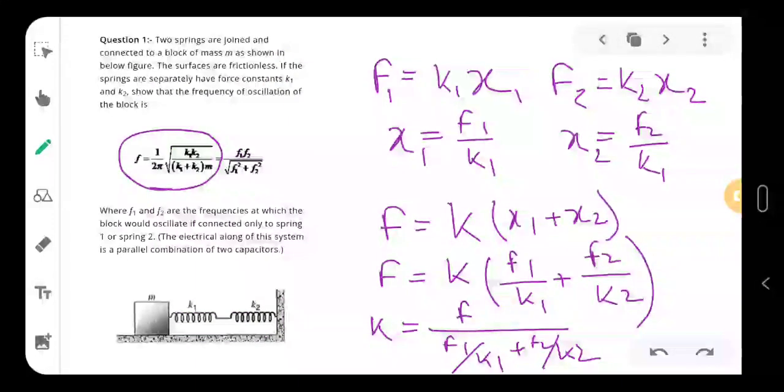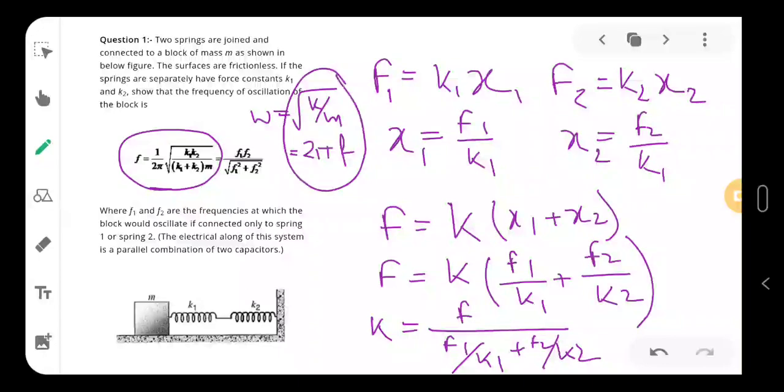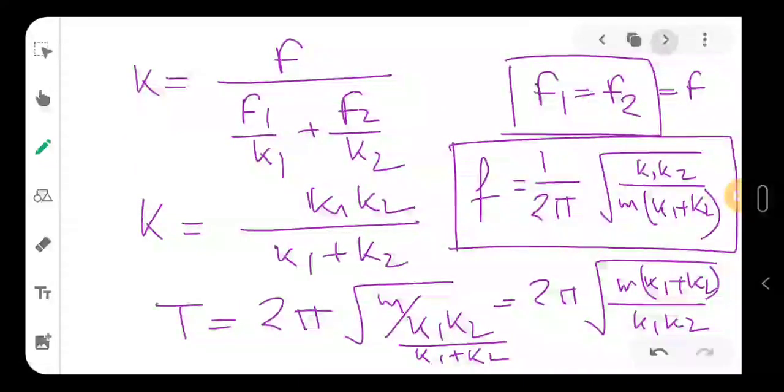I just give you a hint that we know that omega is root over K by M, which is also 2 pi F, because omega is 2 pi F also. So F is related with K with this formula. So now you can find it out using this formula easily.